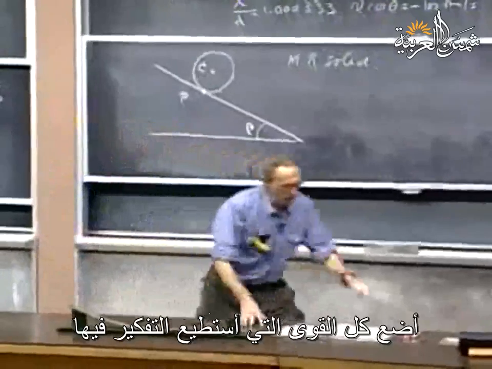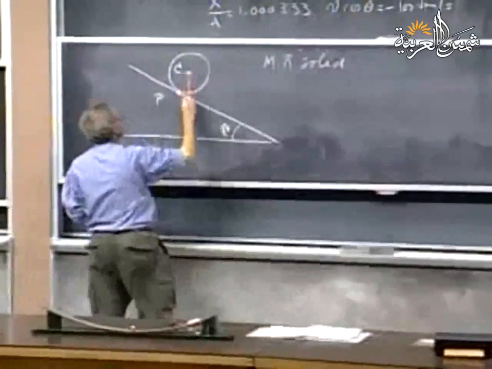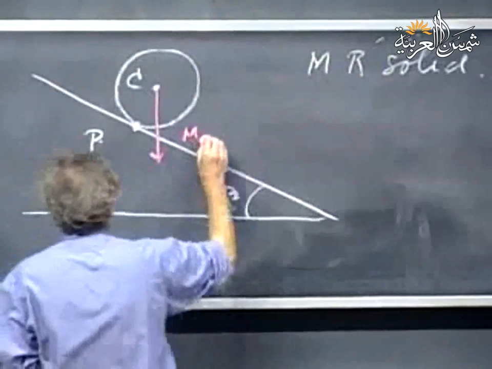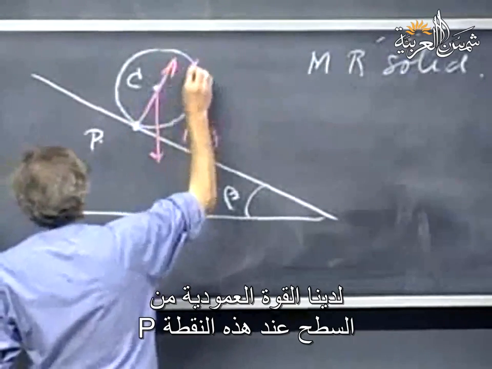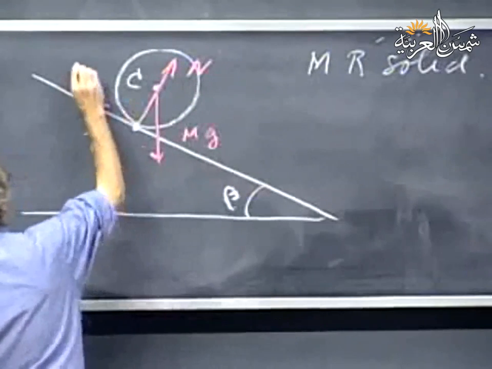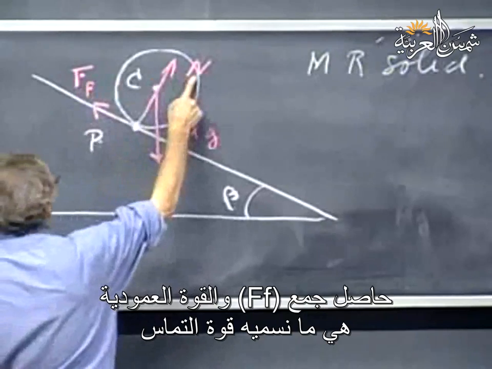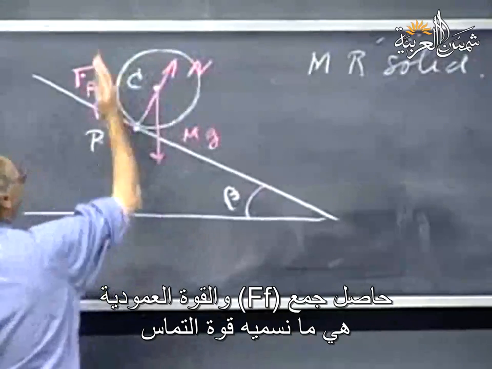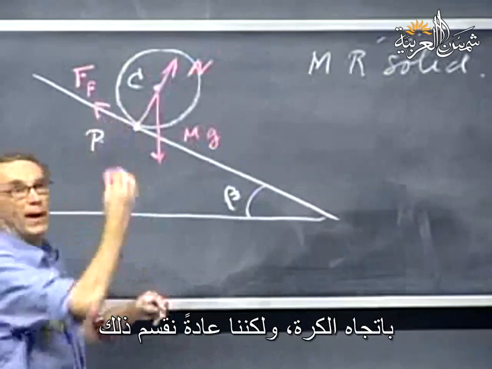I put all the forces on that I can think of. There is mg here. At this point P, a normal force from the surface, and there is friction. This is the frictional force. The sum of Ff and the normal force is what we call the contact force. That is the force with which the incline pushes back onto the ball.